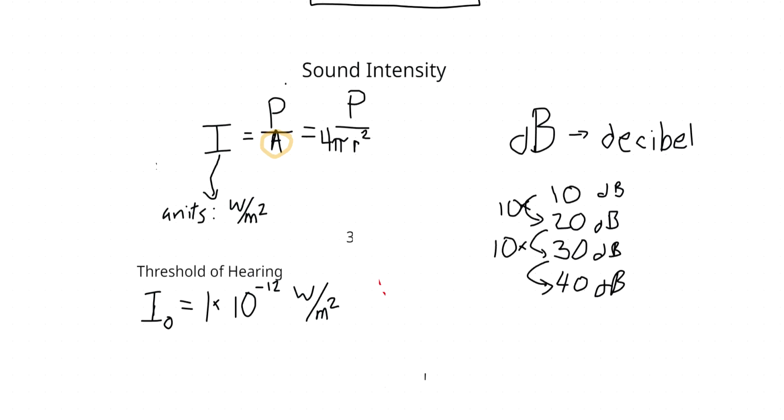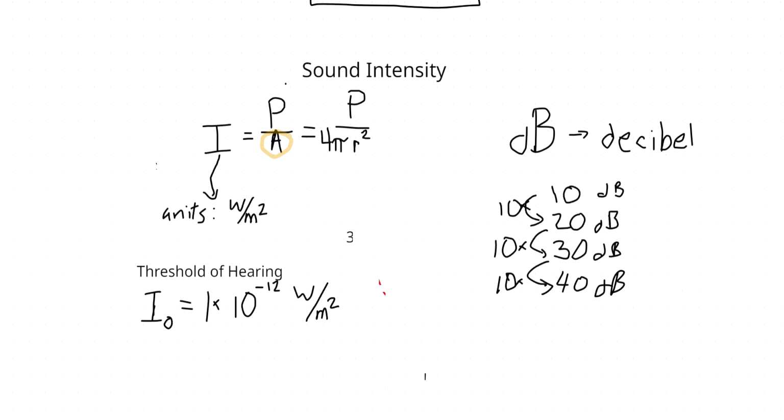So what about from 10 to 40? Well, 10 to 20 is 10 times. If we increase our sound intensity by 20 decibels, it's not 20 times louder. It's actually times 10 to get to 20, and then times 10 again to get to 30. So times 10 times 10, 10 squared, 100 times louder.